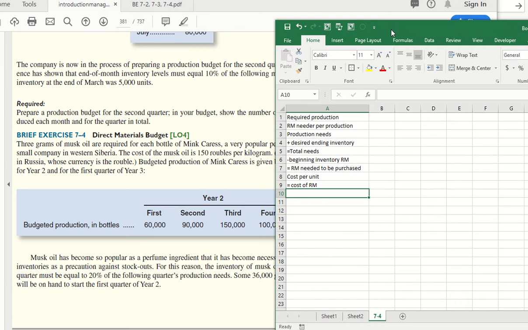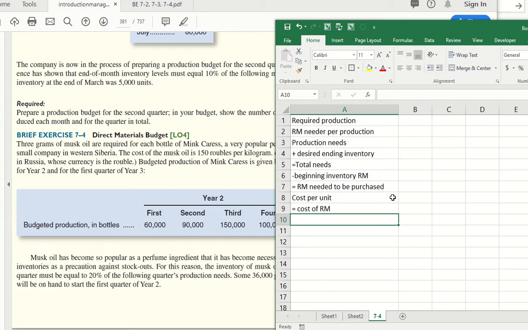The textbook gives you a layout like this. It's kind of catered towards the problem they have in the textbook. We're using grams of oil, and we're using rubles for our currency. Required production, raw materials needed per production. Remember, it's 3 grams of musk oil.